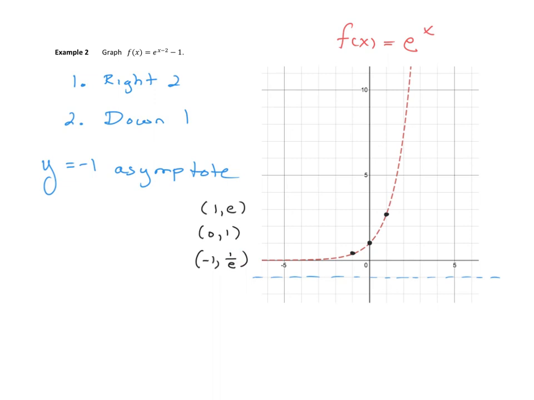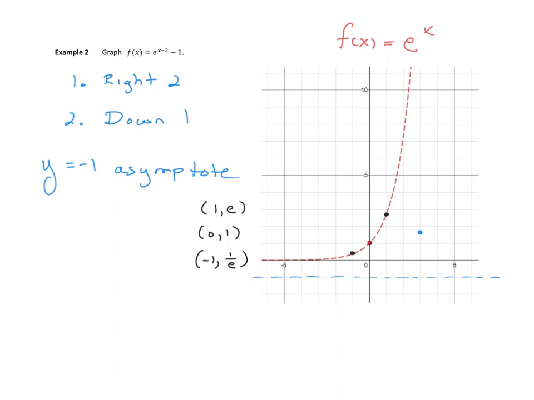So let's move these 3 points. Starting with this one here, it's going to go right 2 places, 1, 2, and then it's going to go down 1 to here. So this is the new location. That's at 3 and then about 1.7, so roughly there.